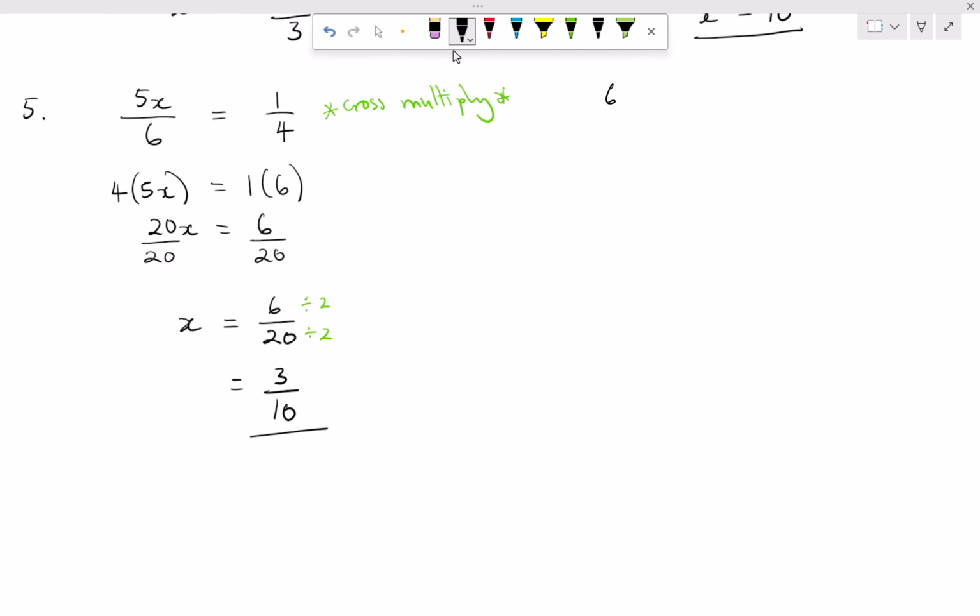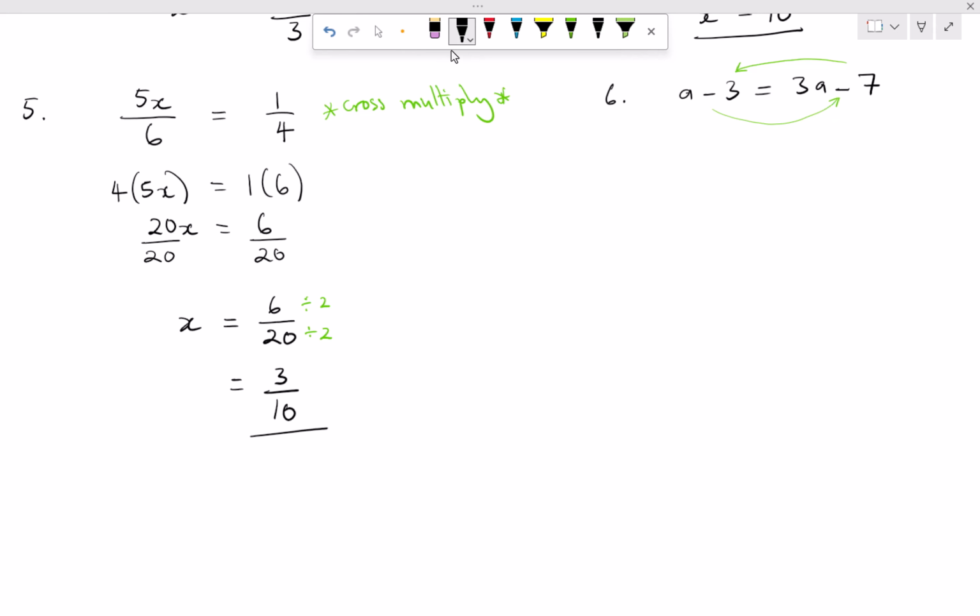Okay, let's do another example. We have a minus 3 is equal to 3a minus 7. So we're going to group like terms together. Okay, so we take 7 to this side and we take a to the other side. The reason why I'm taking 7 to the left side and a to the other side is because if I do that, then I'm going to remain with positive numbers. So you can move either to the other side, but the ultimate goal is to remain with positive numbers wherever it is possible.